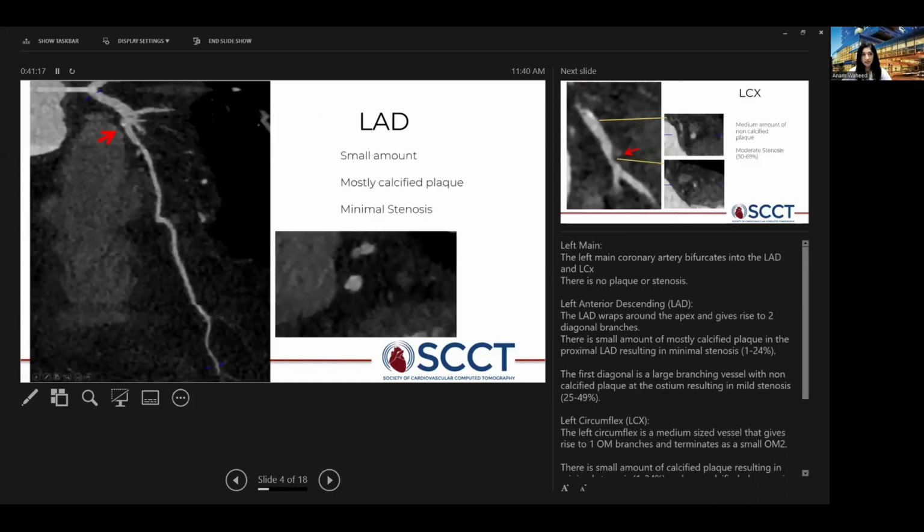This is a representative curved MPR view of her LAD showing a small amount of calcified plaque in her proximal LAD and some non-calcified plaque in a subsequent segment, resulting in minimal stenosis, as you can see on the cross-sectional view through the area with plaque.